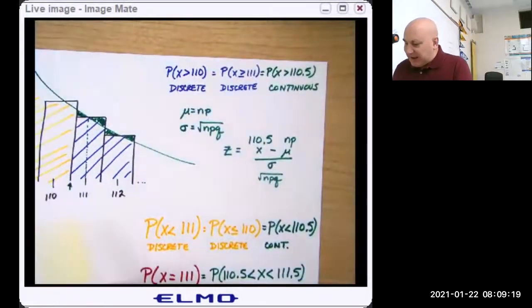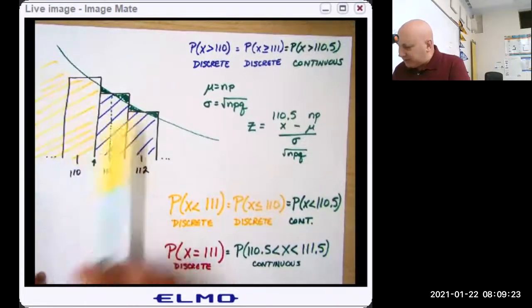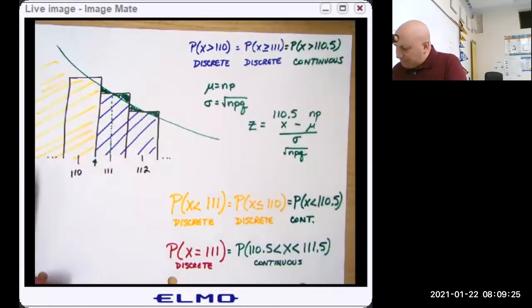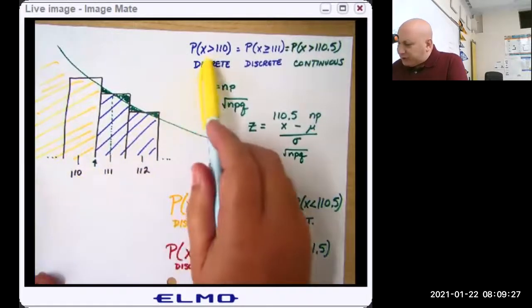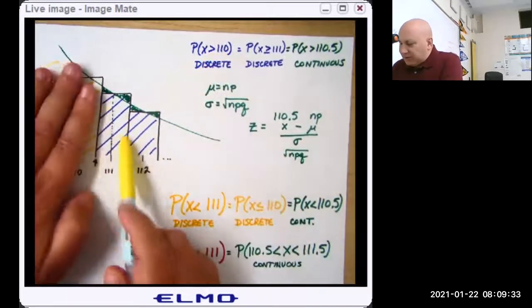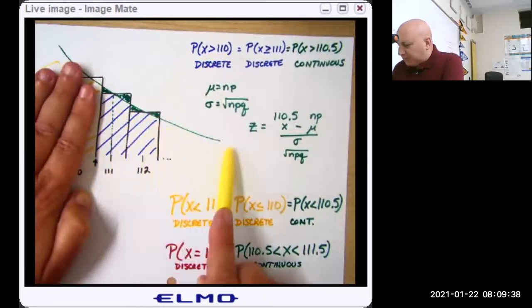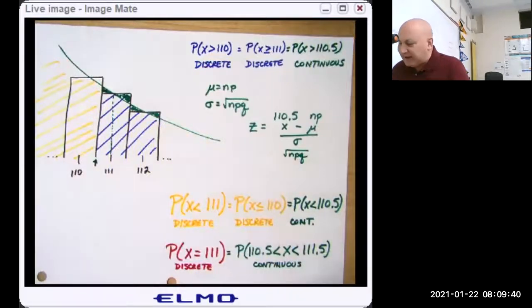So let's say that I had a distribution that looked like this and the numbers are going down, down, down. I want the probability that X is greater than 110. Discrete, so I want this rectangle plus this rectangle plus this one all the way out, whatever n is.